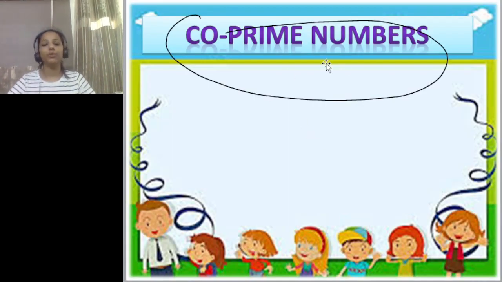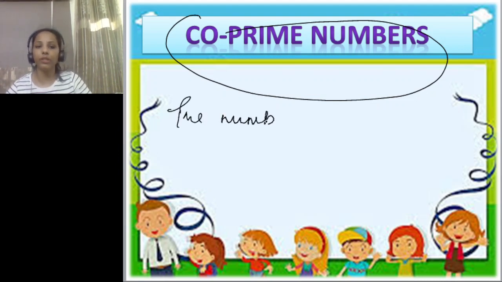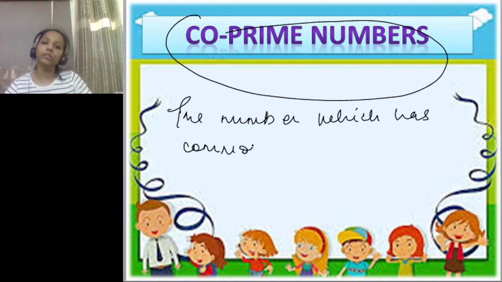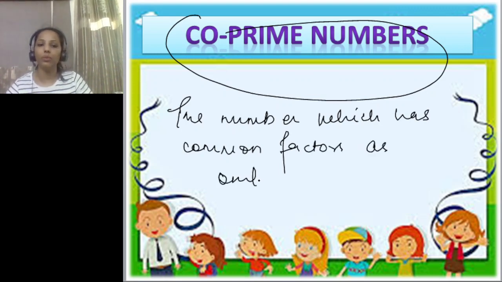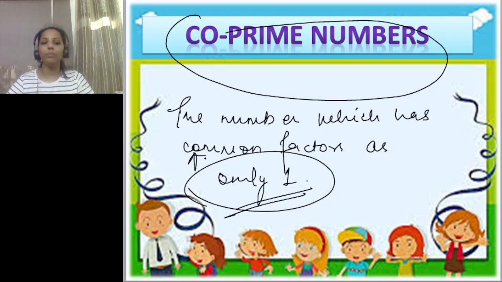Yes, 3 and 7 are co-prime numbers because they have only 1 as the common factor.